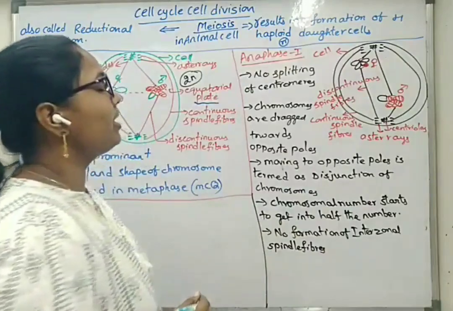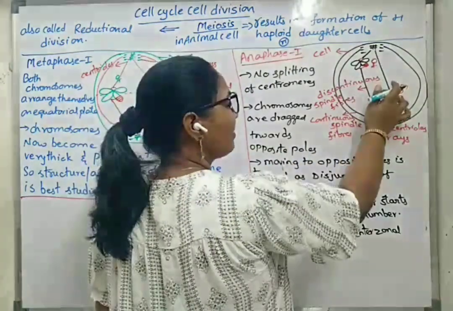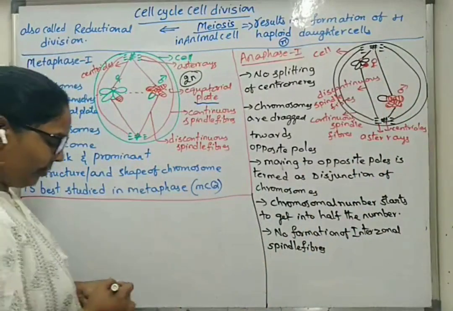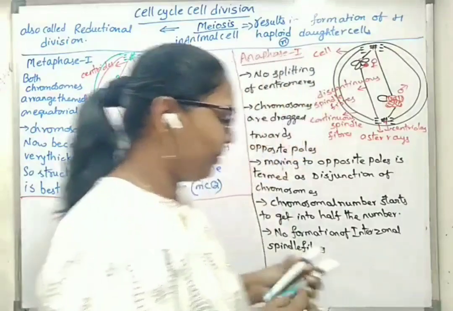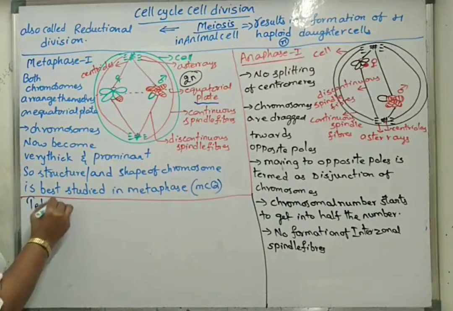Interzonal spindle fibers are between those chromosomes which are moving to opposite poles. Here we don't see formation of interzonal spindle fibers. Next one, telophase 1.